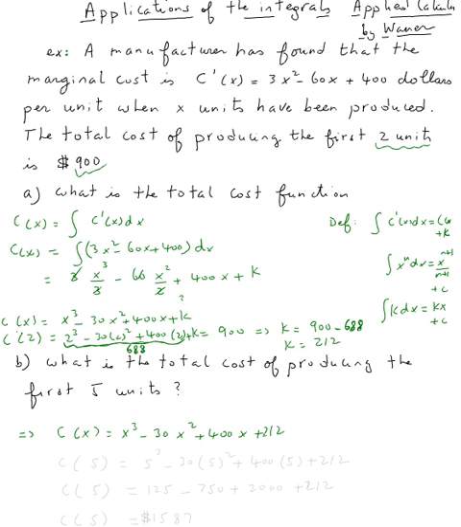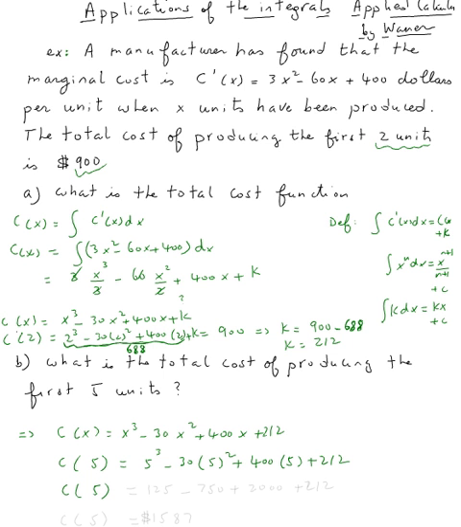Now for question B, we need to find the total cost of producing 5 units. So that's pretty easy. All we need to do is find C of 5. So just plug it in. So 5 cubed minus 30 times 5 squared plus 400 times 5 plus 212.